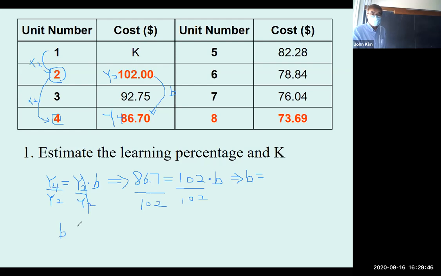So B equals y fourth divided by y second. If you know y eighth, then divided by y fourth. Half of this one, or doubled, then you can get B. So B equals y fourth, 86.7 divided by 102.